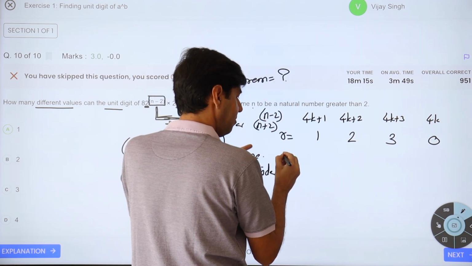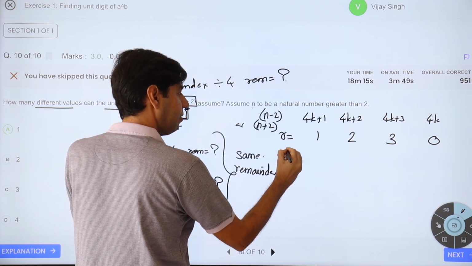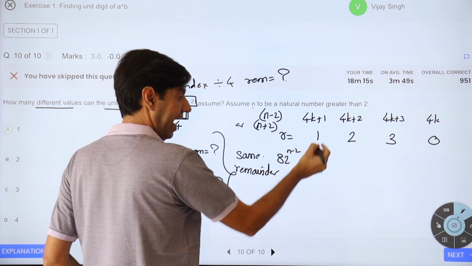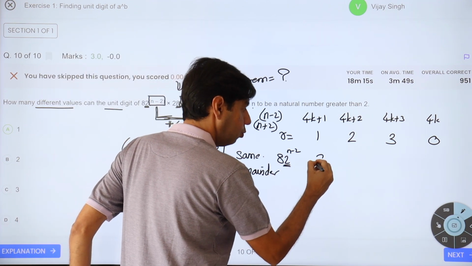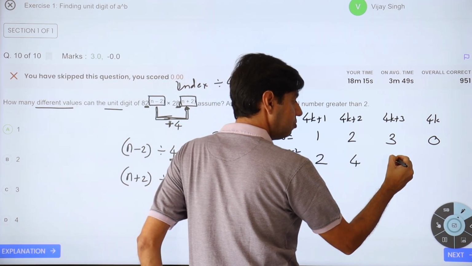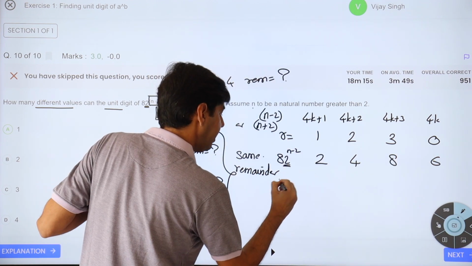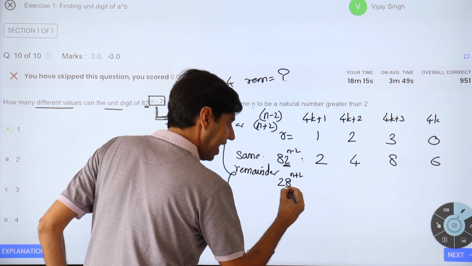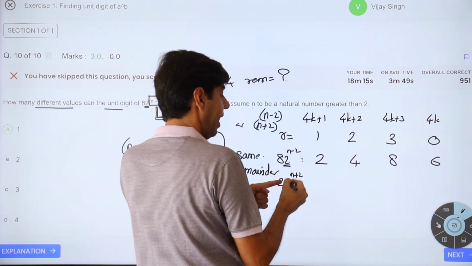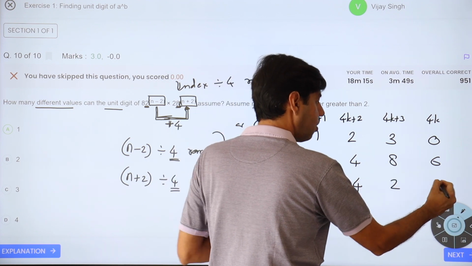And if these are the remainders, the first number, 82 raised to n minus 2, will end with what? The cycle of 2: 2, 4, 8, 6. And what is the next one? 28 raised to n plus 2. This is 8. So it will end with an 8 or a 4 or a 2 or a 6.